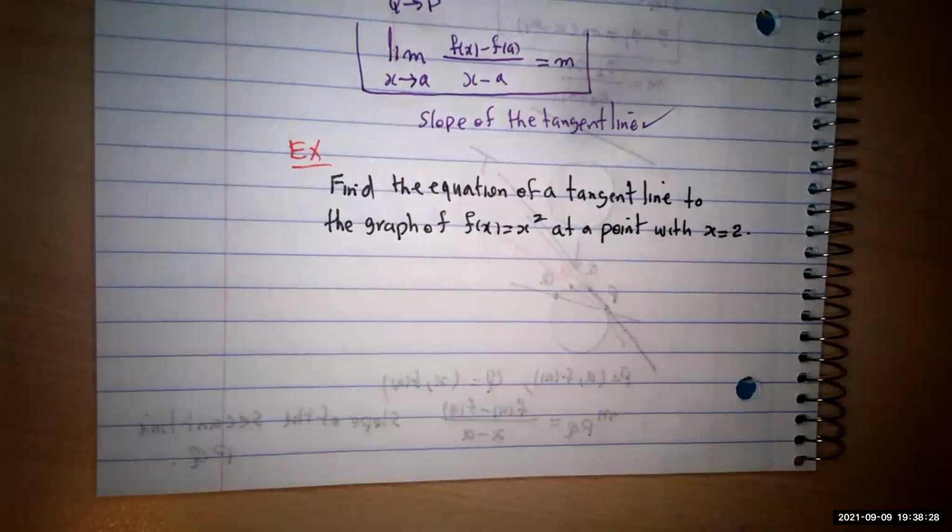Okay, so the function is f of x equal to x squared. This is your function. And the point is the point x equal to 2.